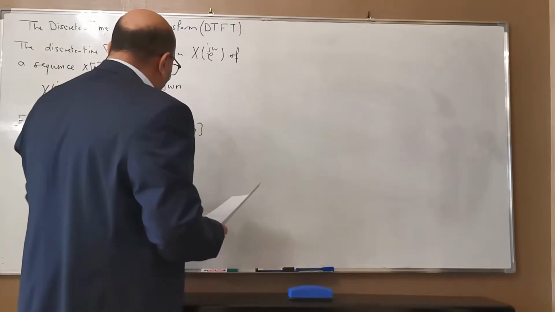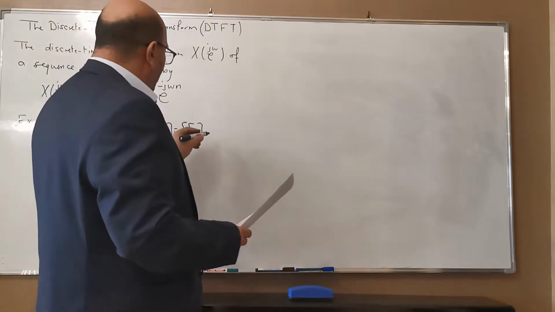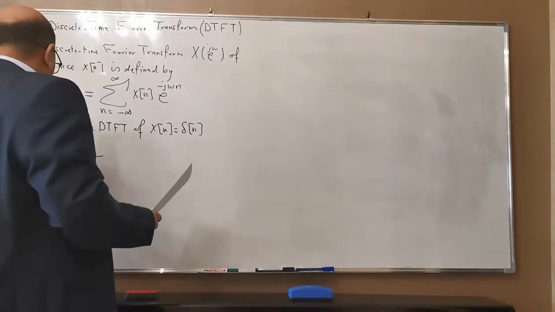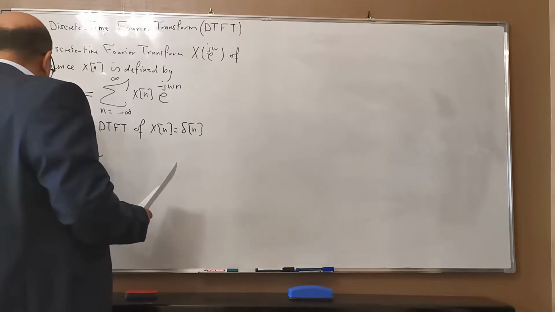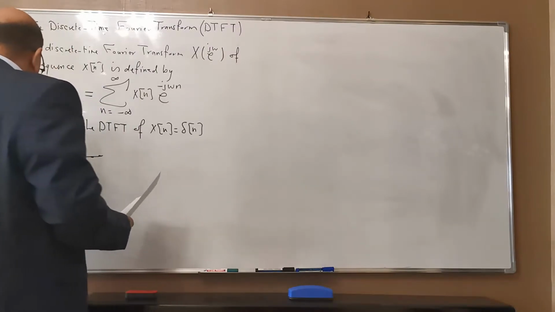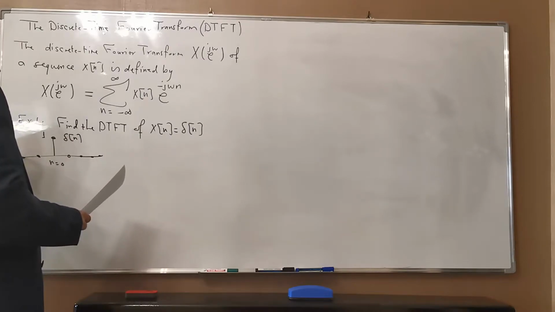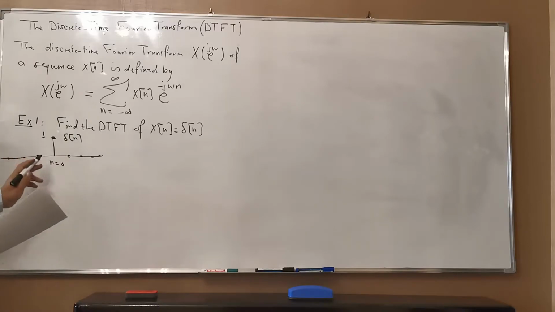So we take the very simple sequence, which is one single sample function. So at n equals 0, you have an amplitude of 1, this is your delta of n, and all the values are 0 from minus infinity to infinity except for n equals 0. So this is my delta, it's an impulse.